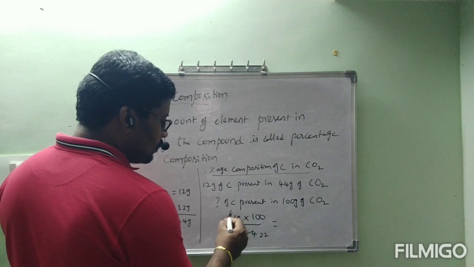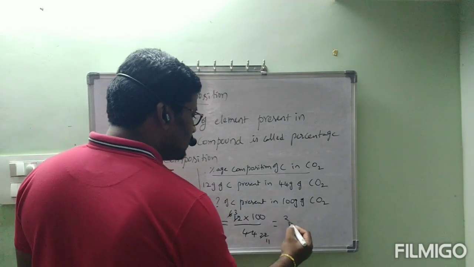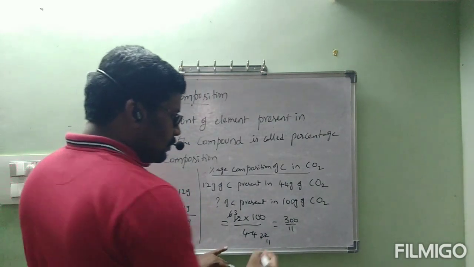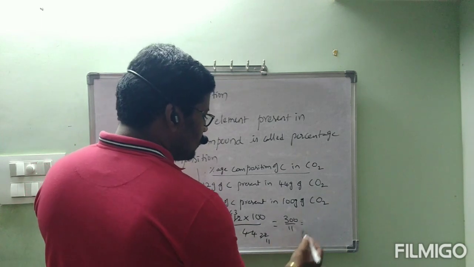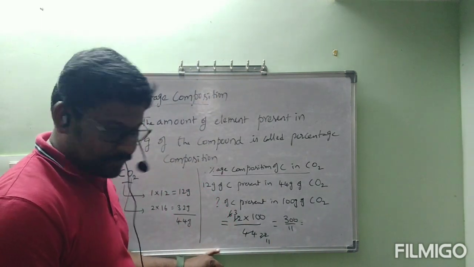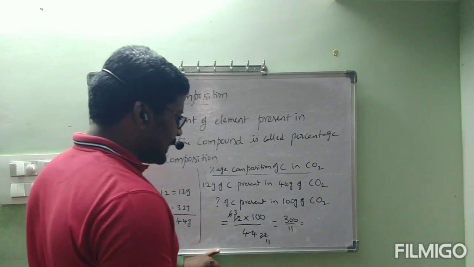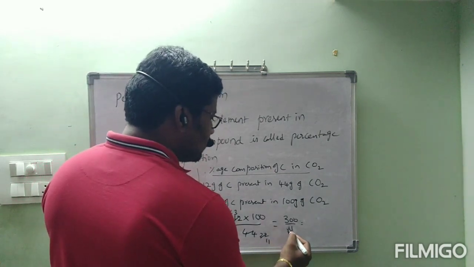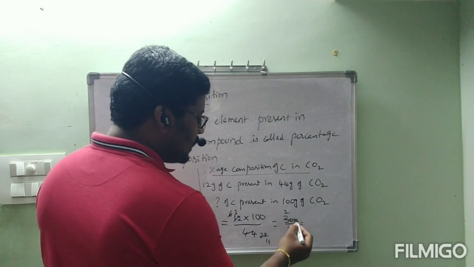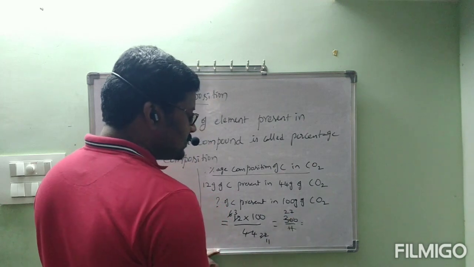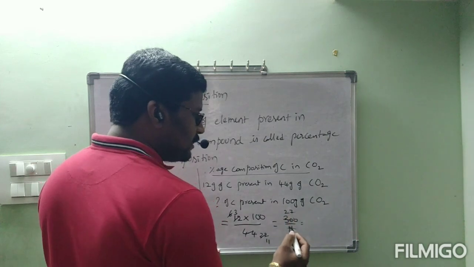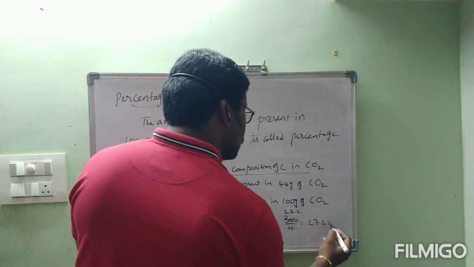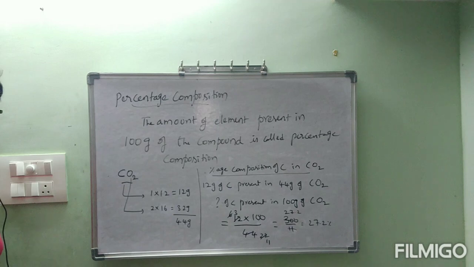This calculation: 300 by 11. If you do this calculation, 11 twos are 22, 80, 11 sevens are 77, giving 27.2%.